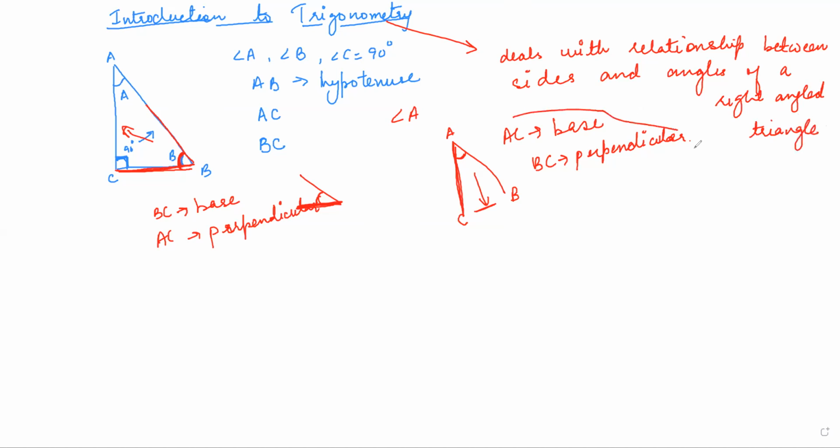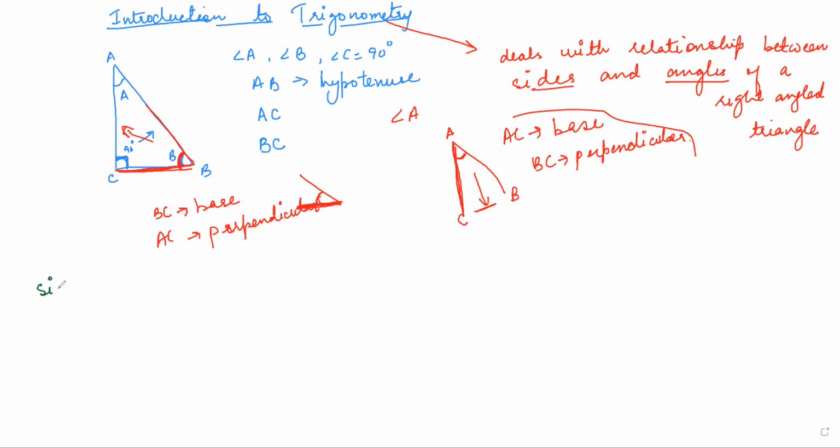It gives you a relationship of how the sides and angles of a right angled triangle are related to each other. There are some ratios which have special names which you have to memorize.